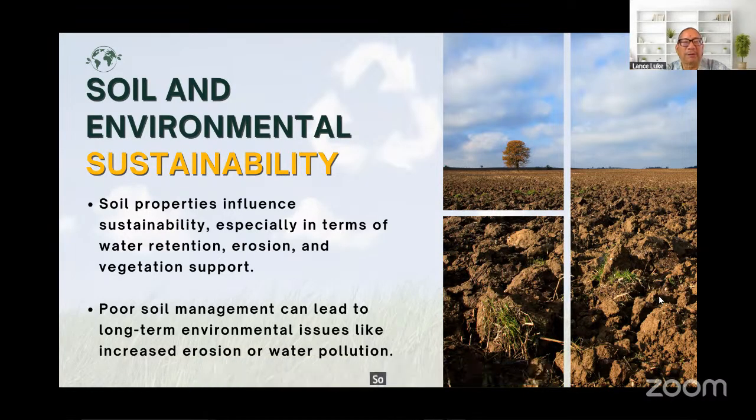So have you ever noticed that after heavy rain and you go to streams or you go to the ocean and you see the water is not blue or clear, it's really murky and dirty? That's from erosion, right? The soil from other areas gets eroded and ends up in the streams and rivers.